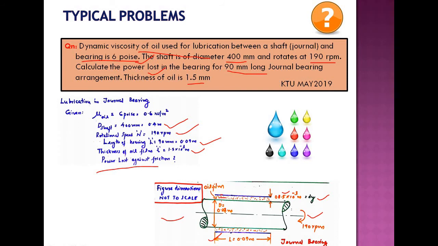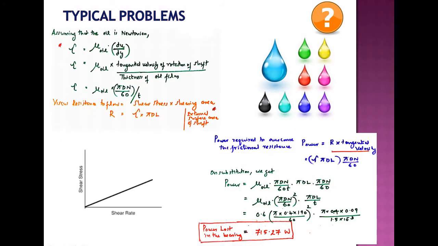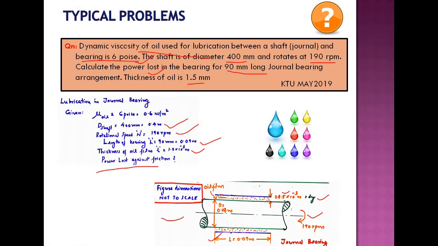So how to get the tangential velocity? We'll see that. Assuming the oil is Newtonian, you get tau equal to mu into du by dy. So mu of oil. What is dy? It is the small thickness of the oil film, that is designated as small t. And what is du? As in the previous case, it is the difference in velocity between the two surfaces of this thick oil film.